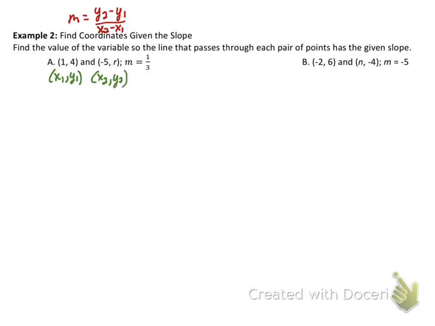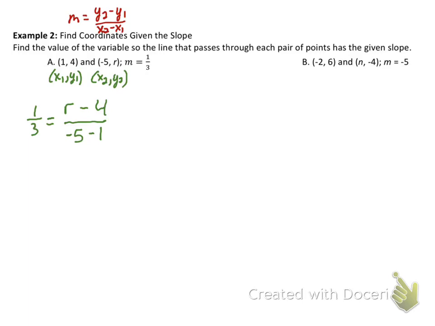Okay, so when I want to solve this, I've got my slope, m, equals 1/3 equals my second y value, which is being played by r, minus my first y value, which is 4, over the second x coordinate, which is negative 5, minus the first x coordinate, which is 1.